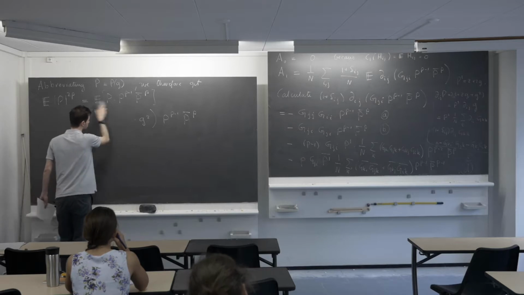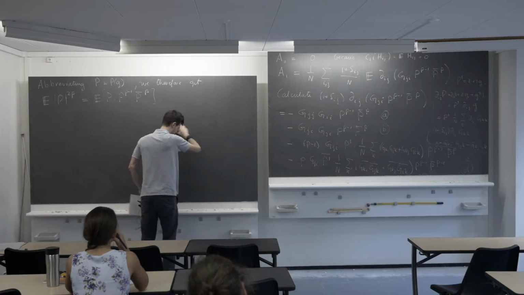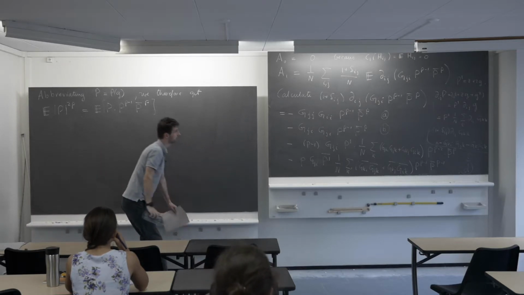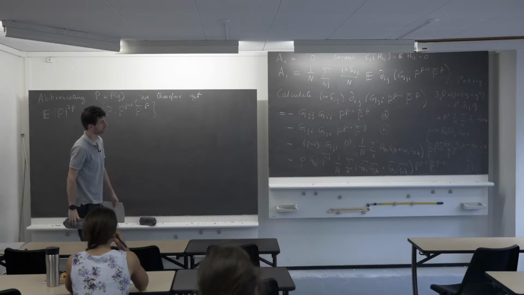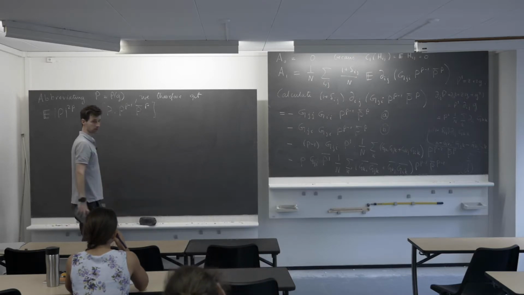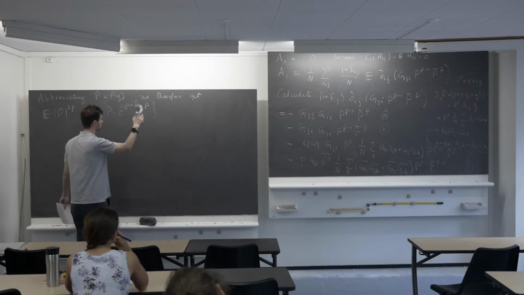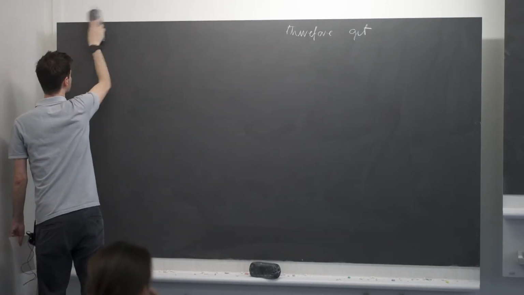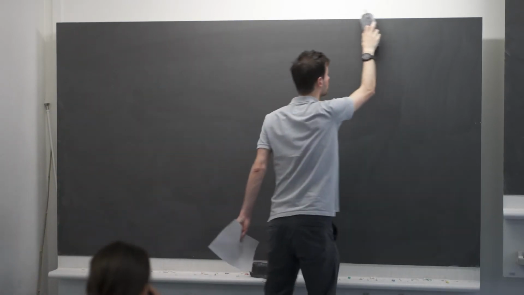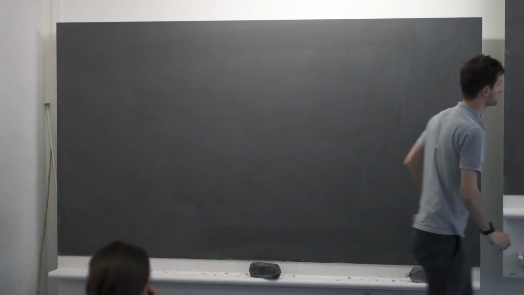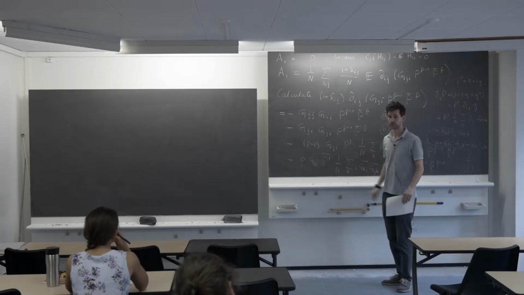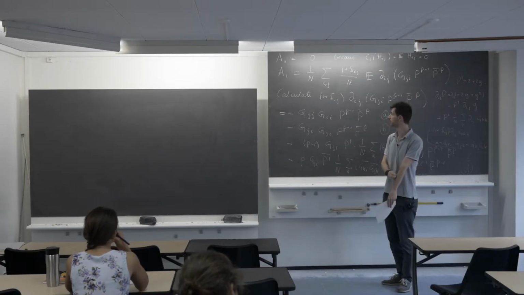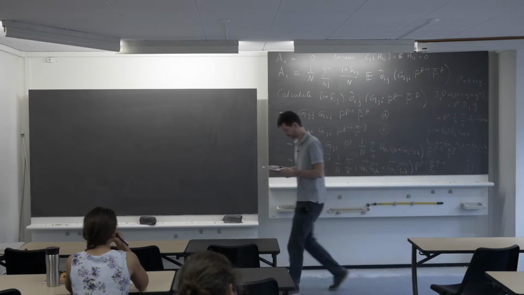What will turn out to be the case is that B, C, and D are all very small, and A is not. Remember, what we are trying to show is that this whole thing is going to be tiny. It should be very small. A is not going to be small, but A is precisely going to cancel the term capital B that we had before. And that's very easy to see.